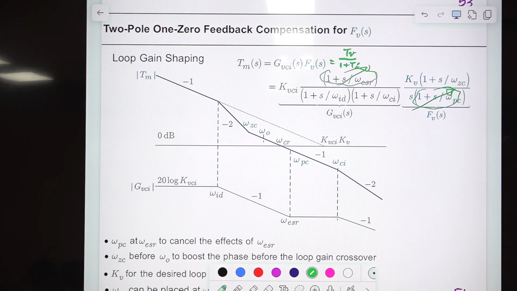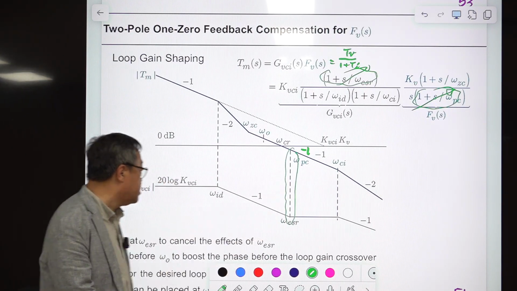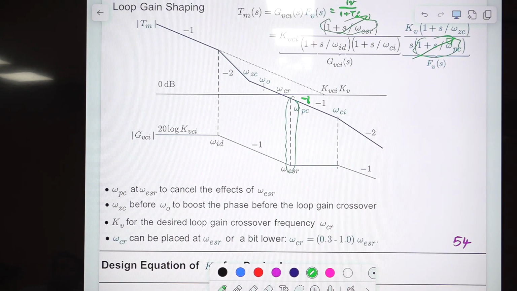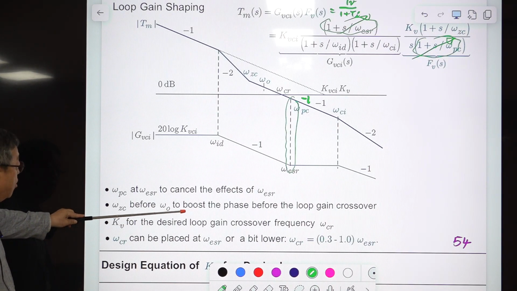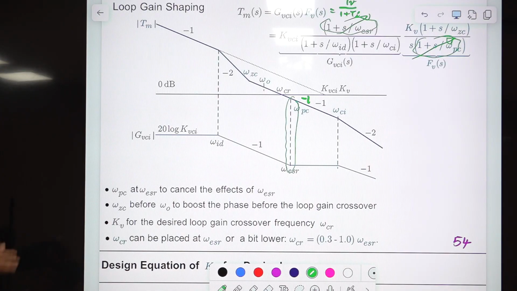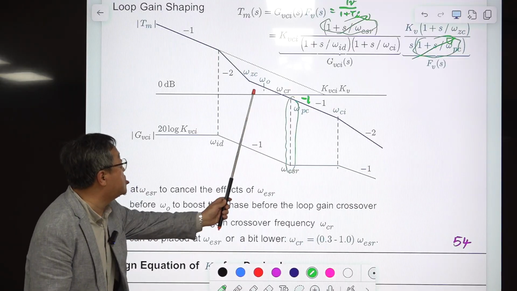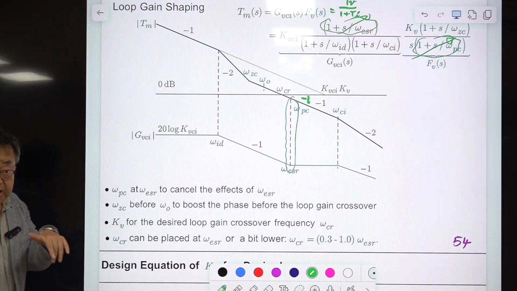Intentionally, we cancelled, to make this part straight. This part straight. To have -1 slope for the wider frequency range, we cancelled this. Omega PC is located at omega ESR to cancel the effect of the omega ESR, and omega GC is coming before omega naught to boost the phase of the loop gain here, and it comes before this to avoid being conditionally stable.